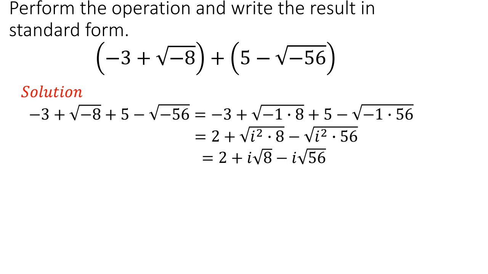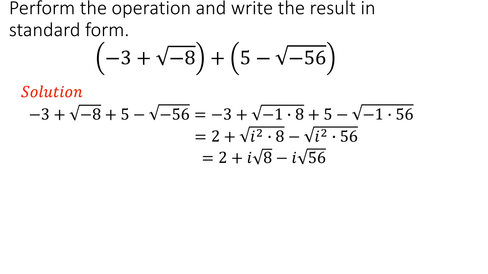I separate it into two numbers, -1 times 56. I replace -1 with i squared, and then I evaluate the square root. The i squared becomes 1 with the square root, leaving it outside with the i, and inside I have the 56. But now, these two terms are not the same.